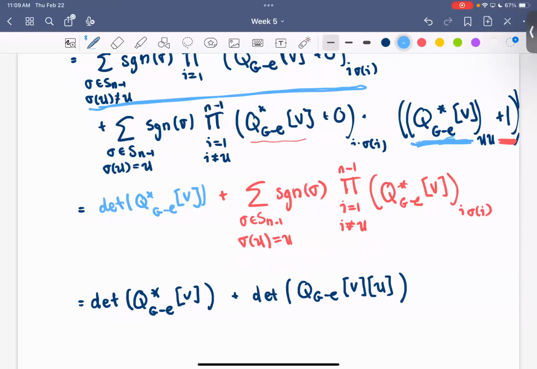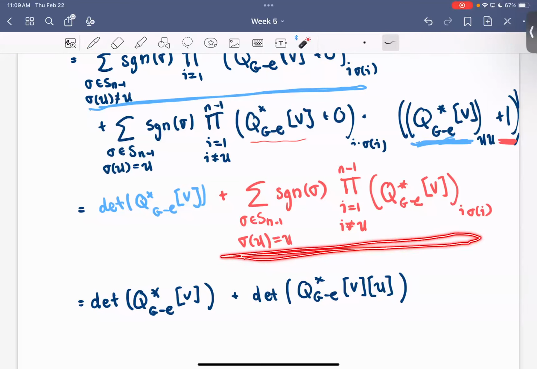And this should have a star as well. What's written here is the determinant of a matrix where we're just ignoring the U-th row and column.